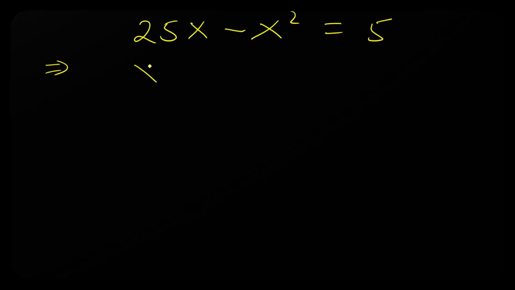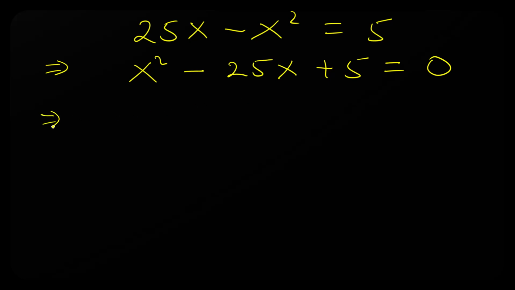That will be x squared minus 25x plus 5 equals 0. Alright, now let's solve this one with the method of completing the square.